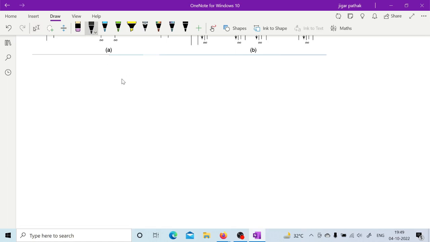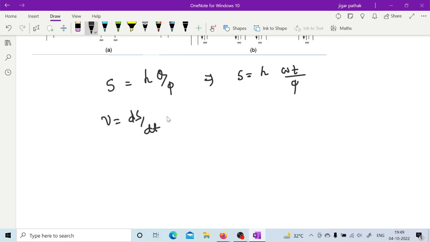In case of constant velocity, the displacement can be directly written as h theta upon phi. Here also you can put the values as we used earlier, theta is equal to omega t. So s will be h into omega t by phi. From displacement, if you want velocity, it will be ds by dt, which is h omega upon phi.